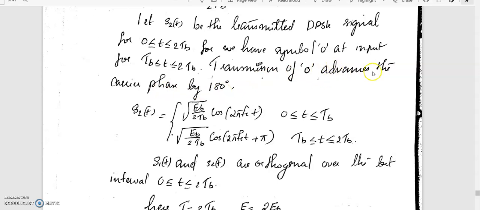So 0 corresponds to advancing the carrier phase by 180 degrees. This was my original signal, so when I get a 0 for the next duration TB to 2 TB, I advance the phase by 180 degrees. This was my signal: advancing by 180 degrees, I have cos 2 pi fc t plus pi.